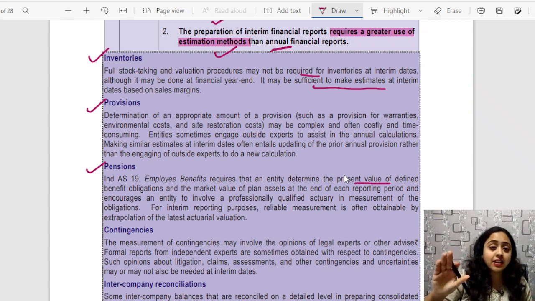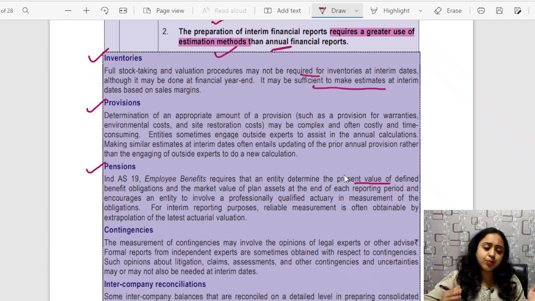Such assets or such amount which has been parked separately are known as plan assets. Okay, so there is a provision that you have to determine the present value of the defined benefit obligation and the market value of the plan asset, the asset that you have kept for meeting the obligation.